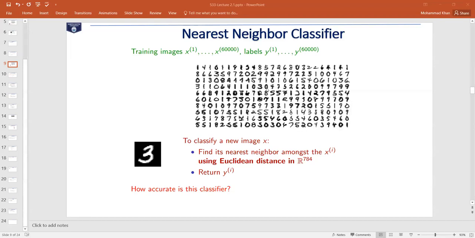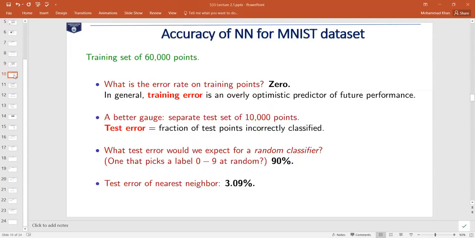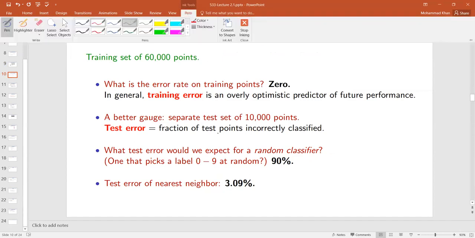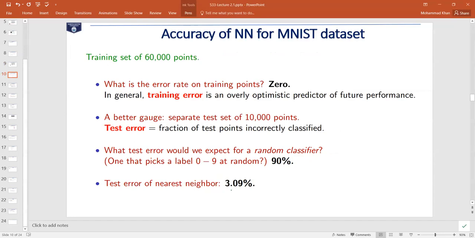Yes, sir. Okay, so we want to find out how accurate our classifier is. And if we do that, you will find that this simple algorithm has a misclassification error rate of almost 3%. That means accuracy of almost 97%.